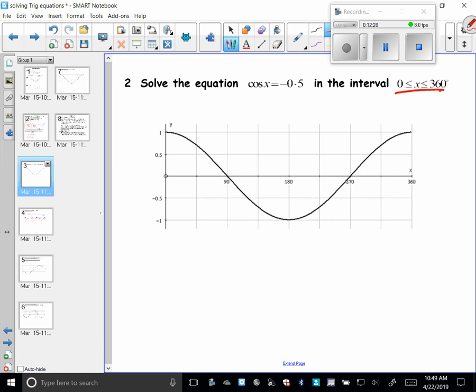We're finding cos x equals negative 0.5. What are we going to do this time? What was the first thing we did last time? Let's do the inverse. So let's find x: cos to the minus 1 of negative 0.5.